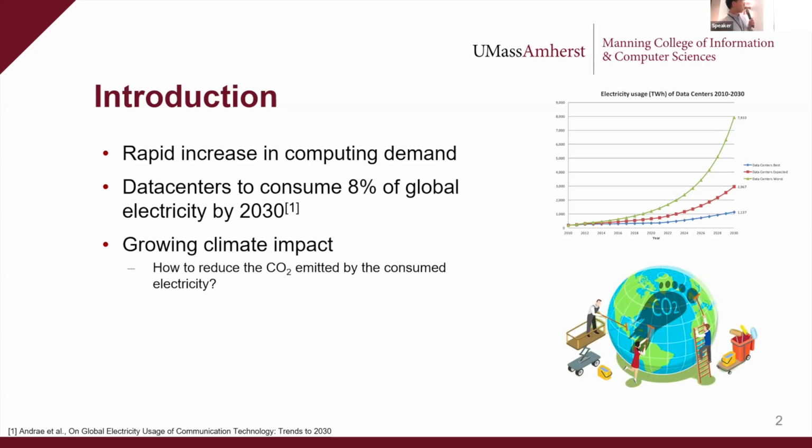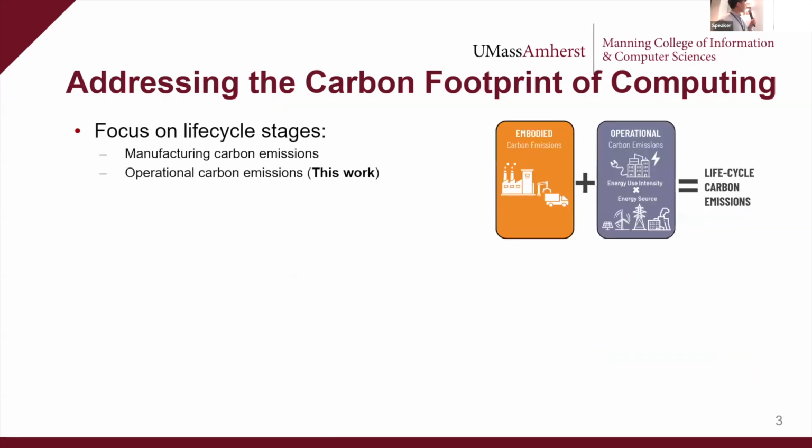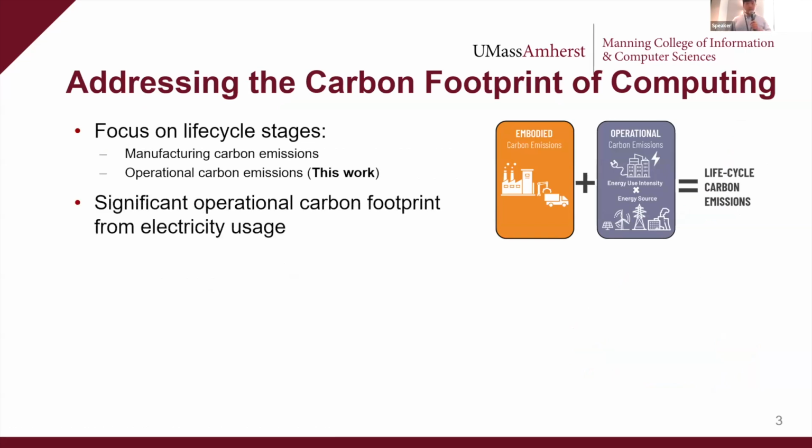to curb the climate impact of this unprecedented demand. If we look at the carbon footprint life cycle, the first is embodied carbon emissions, or manufacturing carbon emissions. But for this work, we'll be focusing on operational carbon emissions, which is the consumed energy times the energy's carbon intensity.